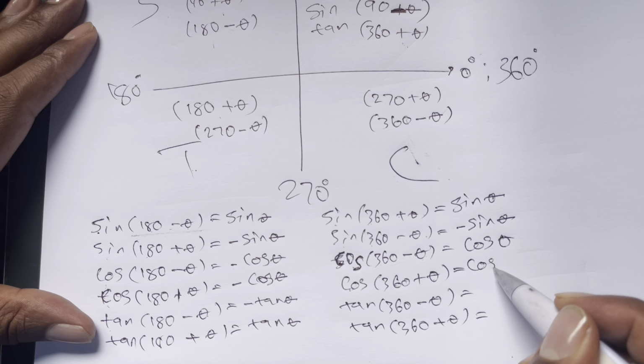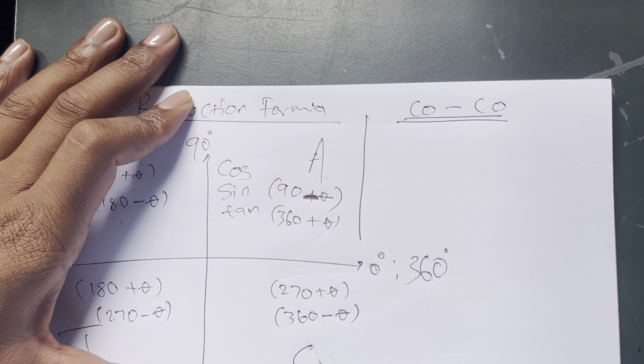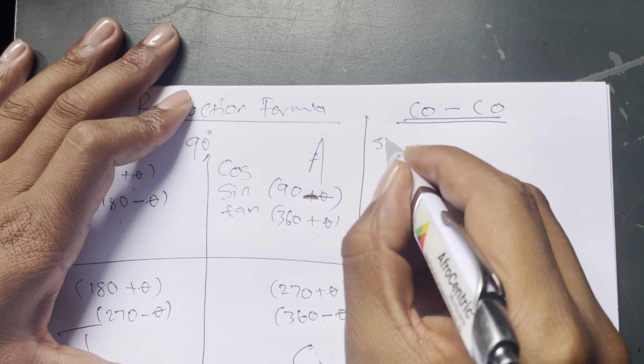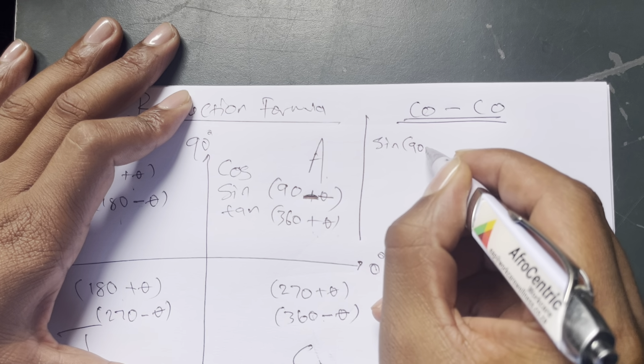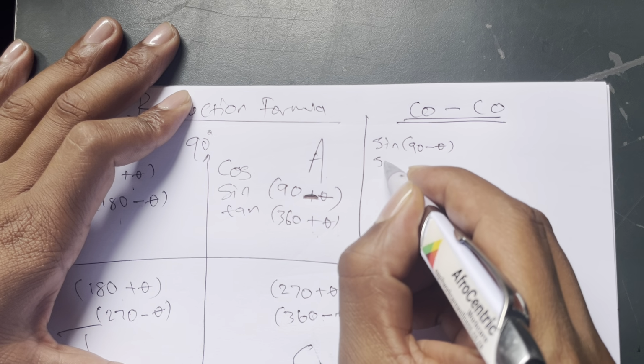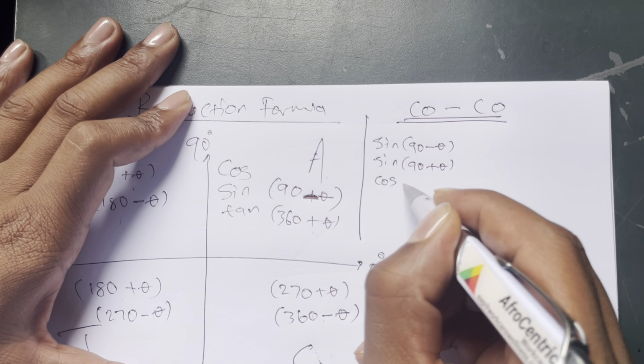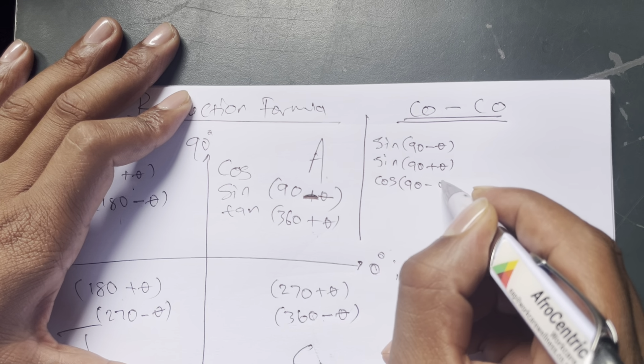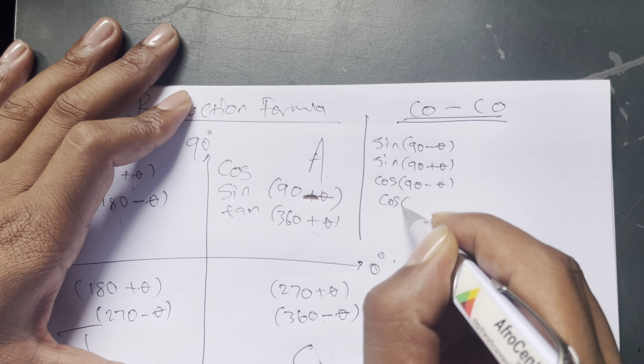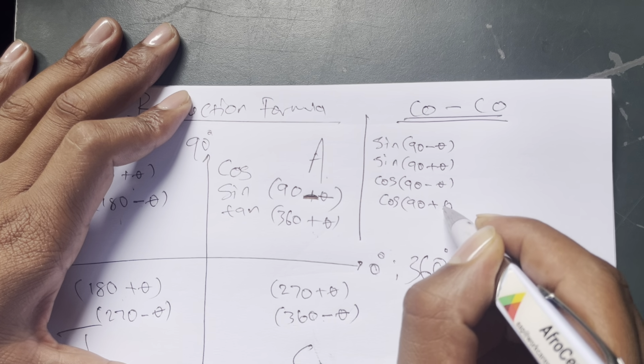Right, so now let's go to what I call co. Co is what you would know as co-functions or co-ratios. So we're talking of sine 90 minus theta, sine 90 plus theta, cos 90 minus theta, cos 90 plus theta.